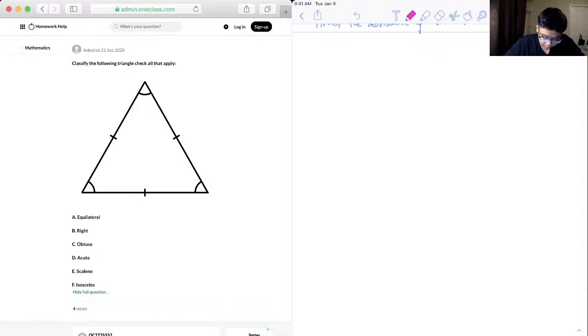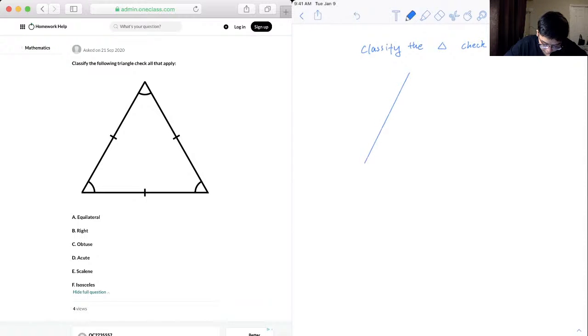So next question. We need to classify the triangle. Check all that apply. All right.